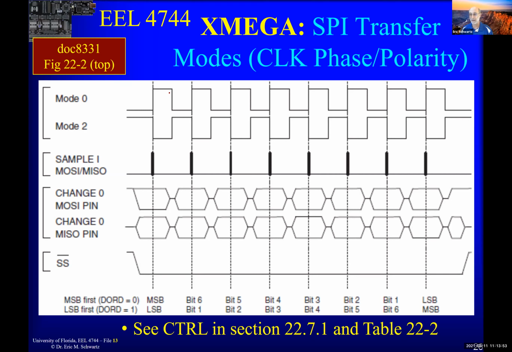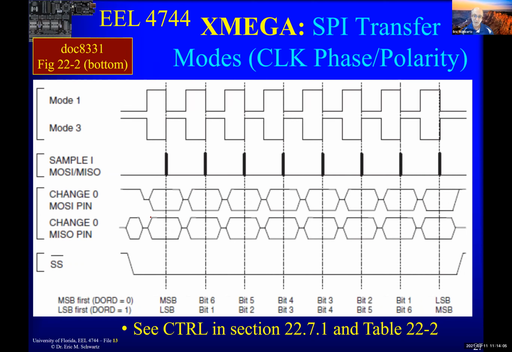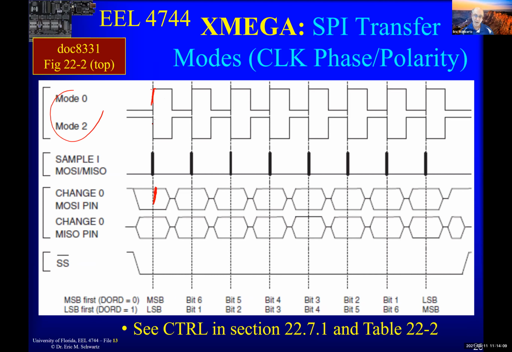These are 2 tables in the manuals, and I think Wes went over this well enough. Here we can see mode 0, rising edge is when the signal is sampled. Mode 2, falling edge, is when it's sampled. But then what's the default value? Mode 0's default value is low, and mode 2's default value is high.